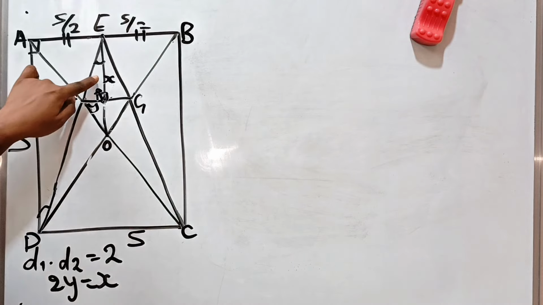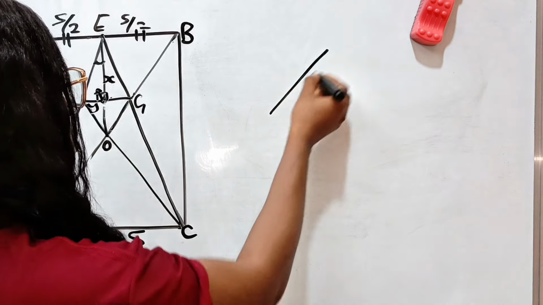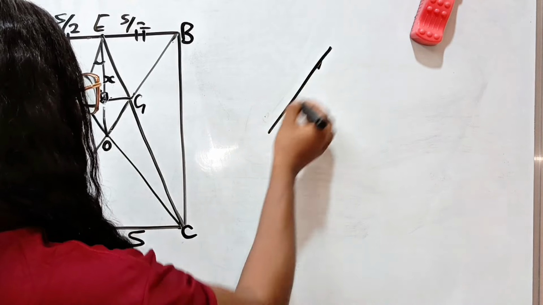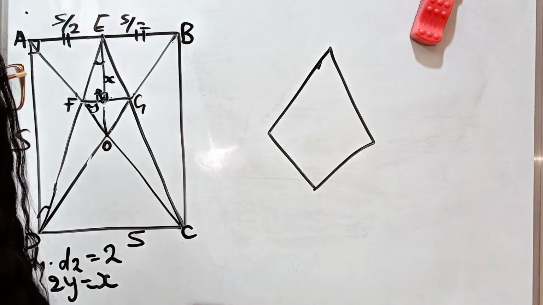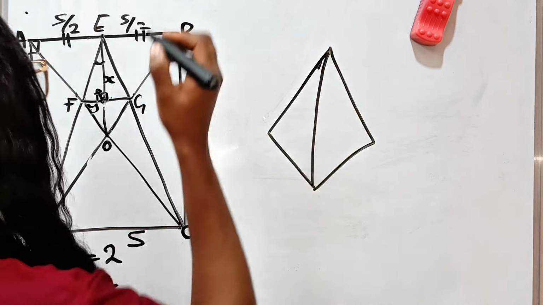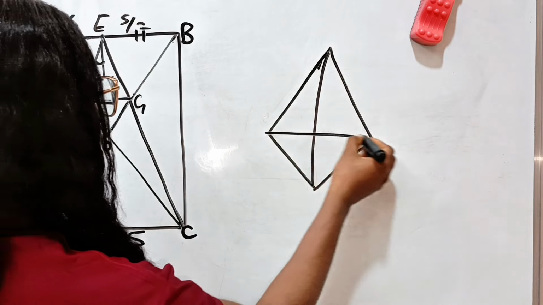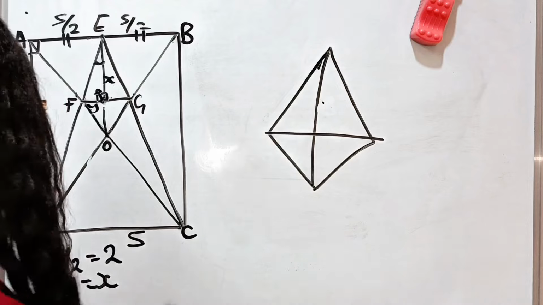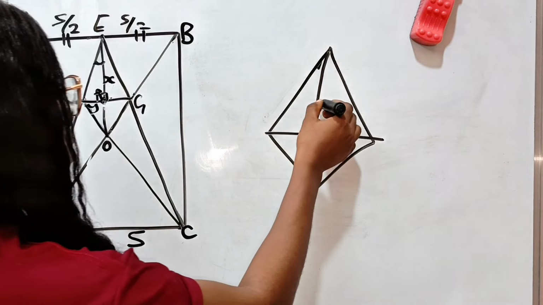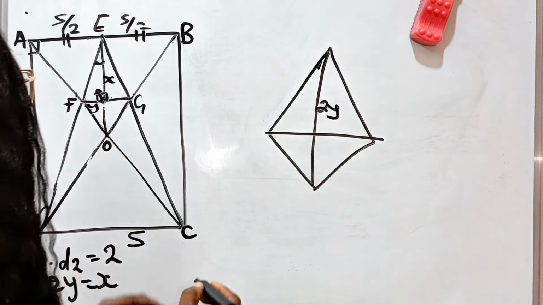Okay, now let us draw our kite out again because I want to say something. All right, now we have this. Remember that from here to here is Y, is X already, right? And we've gotten X to be 2Y. So this is 2Y.